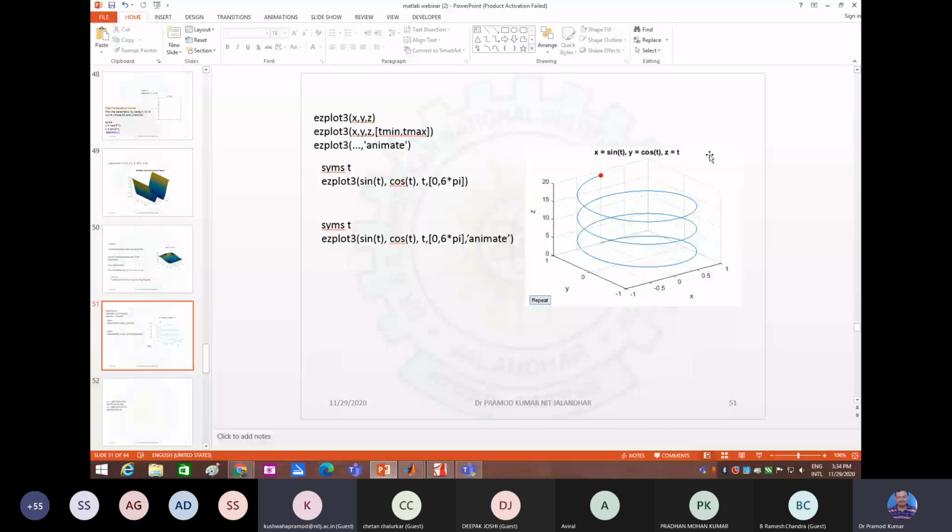By default it is taking -1 to 1. You take x, y, z, and then t minimum and t maximum, and after that you can put the animation also here. If you want to see how it goes, then you can see here.